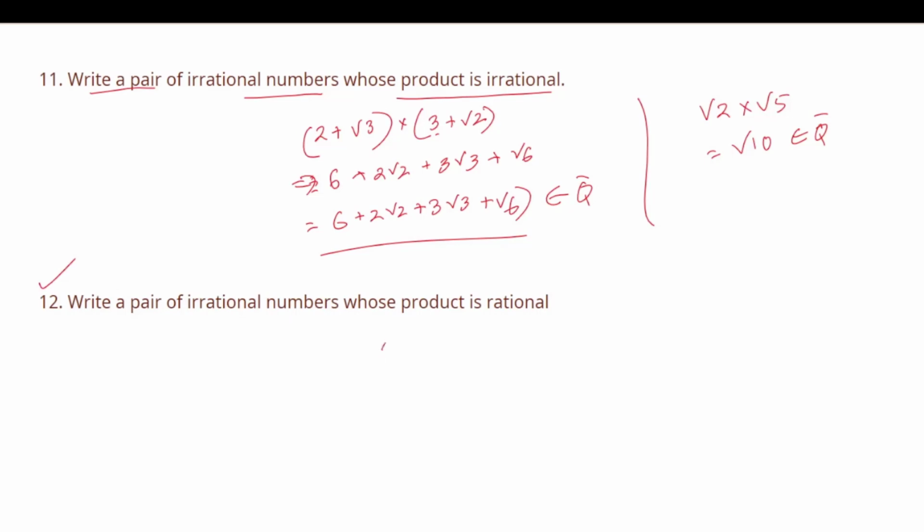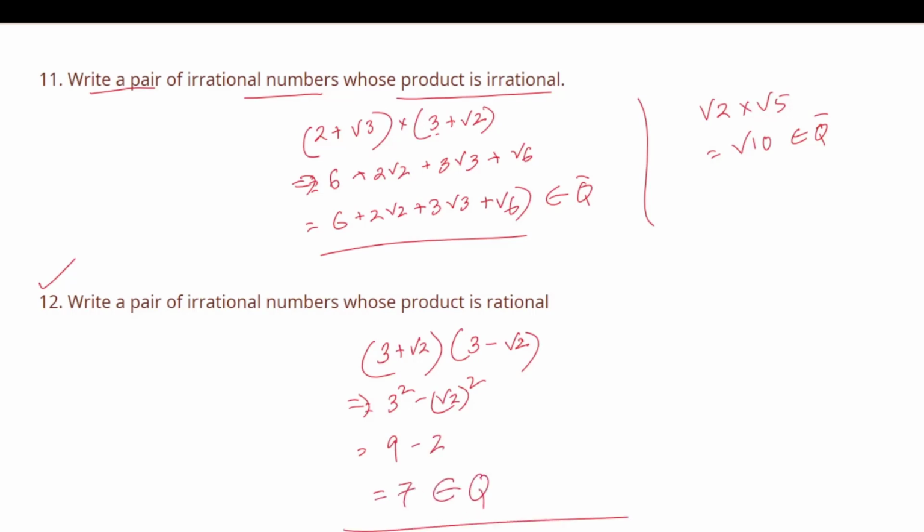Now let us take 3 plus root 2 multiplied by another irrational number, 3 minus root 2. So this is (a plus b) into (a minus b). So this is 3 square minus root 2 square, which is equal to 9 minus 2, which is equal to 7, and this is a rational number.